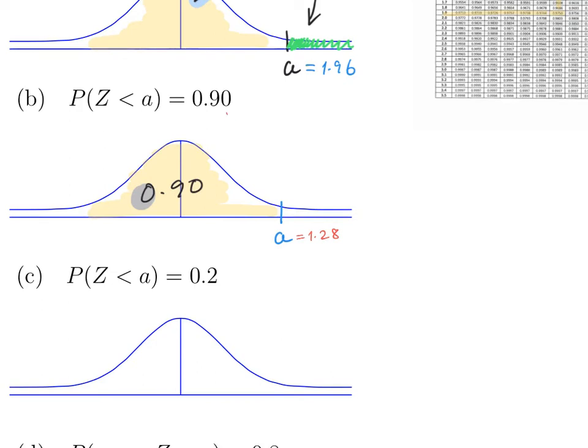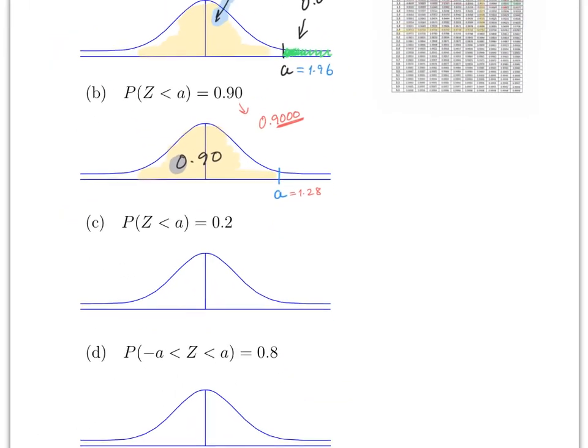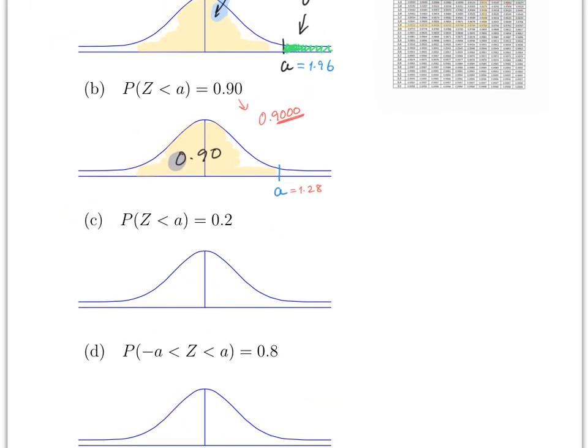It may be easier to look at this number like 0.9000 because the table uses 4 decimal places, so it may be easier to look at it that way. You can find these values also using the calculator. The commands are very similar.